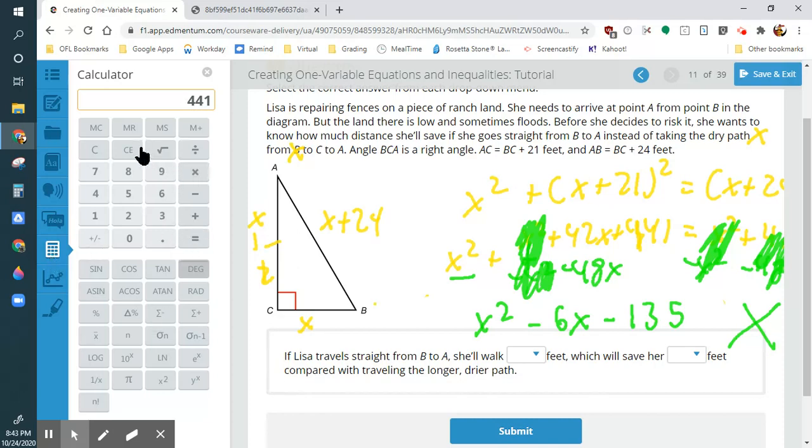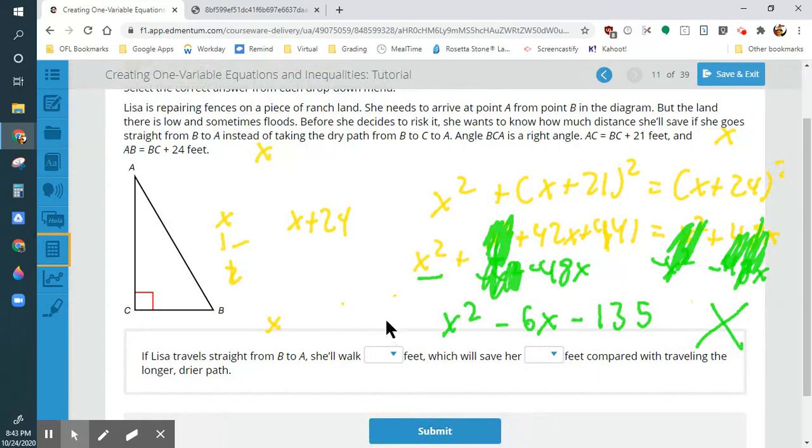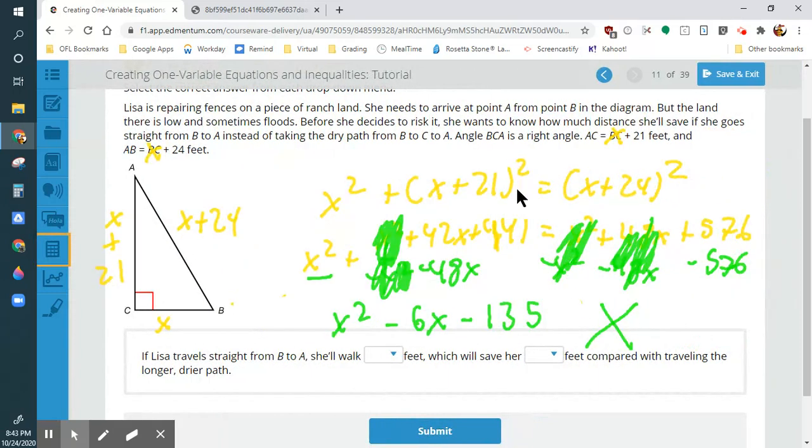Okay, that checks out. 24, that checks out. 441, yeah, that checks out too. Yep, those would work. All right, I can't think of a single way to factor this out though.